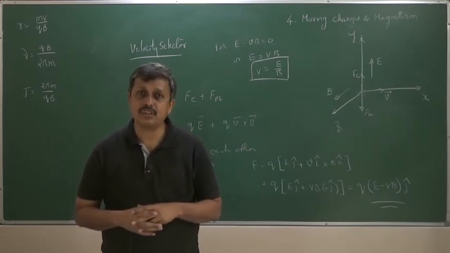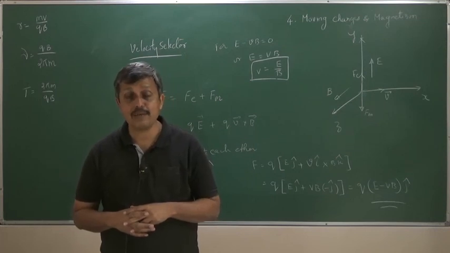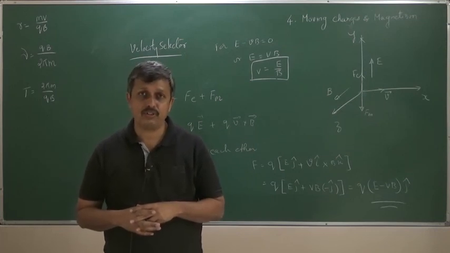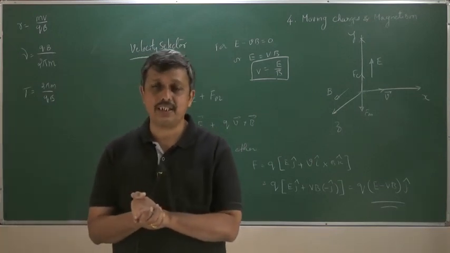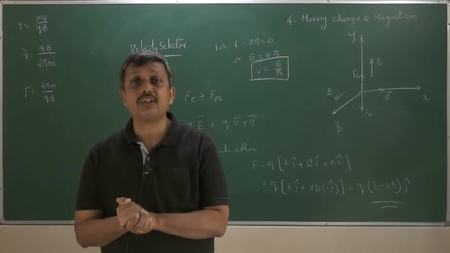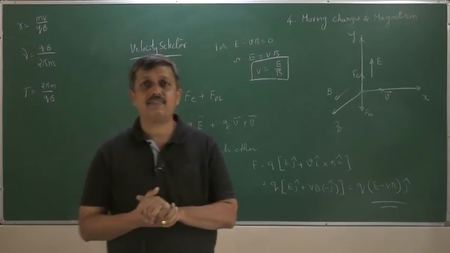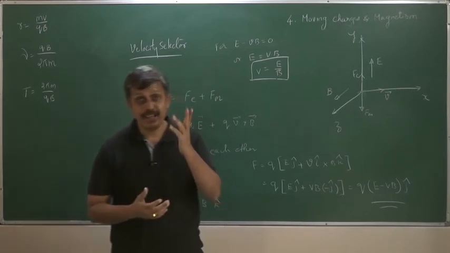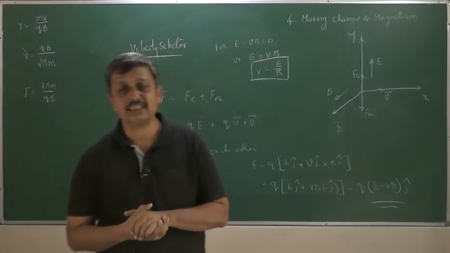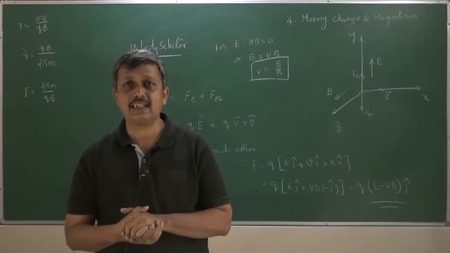Then we used that to see what happens when the velocity is not perpendicular but in some other direction. Then we saw that it will form a helix, and that helical movement is there in Aurora Borealis, which is seen in the polar region.